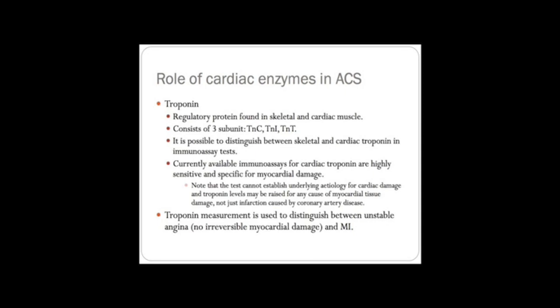But troponin is quite helpful because it can be measured specifically for the cardiac isotype. And using this test, you can work out if someone presenting with acute coronary syndrome has had any underlying heart damage. However, it's important to remember that the test won't tell you what's caused that damage. It will only tell you that part of the heart muscle is dead. But most often that will be because of ischemic heart disease.